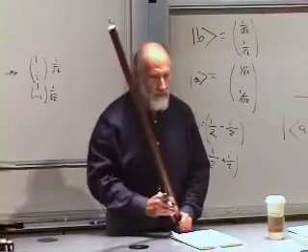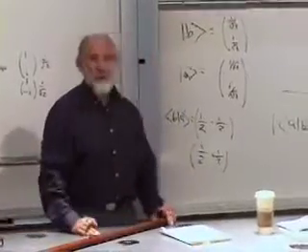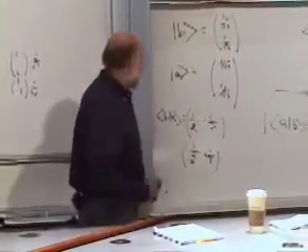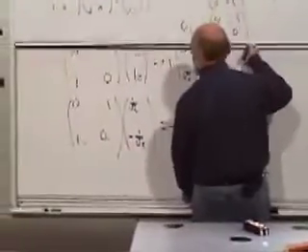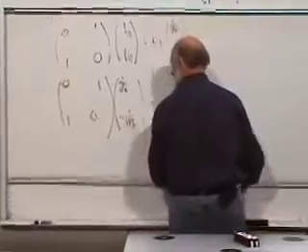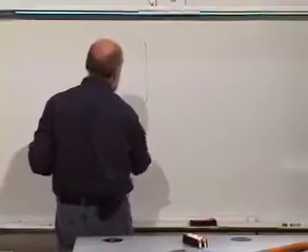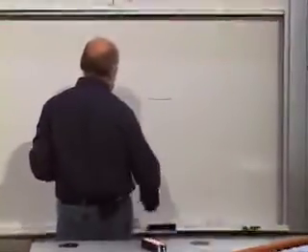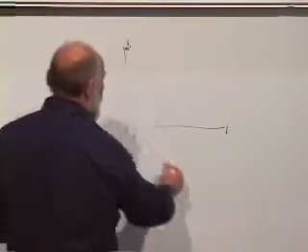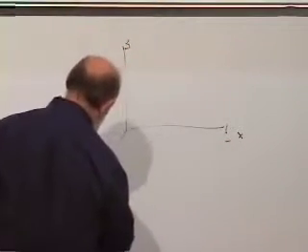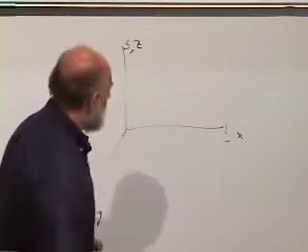Let's call it a unit pointer, my goodness. Now this is in real three-dimensional space. 1, 2, 3. 1 is the same as x, 2 is the same as y, 3 is the same as z.